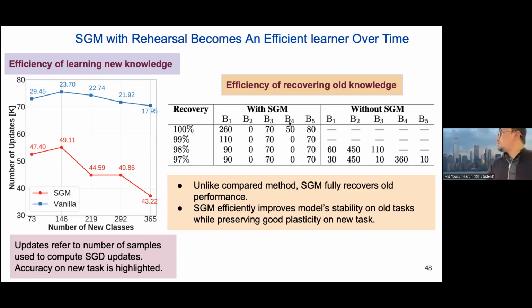With our method, you can see sometimes there's no drop, and we also show how much the model recovers old performance. All the time our method retains old performance, fully or even partially, and does not have this drop for some of these tasks. Whereas without our method, the model does not fully recover old performance, and sometimes it recovers full performance, but using much more computational overhead, in terms of number of network updates.